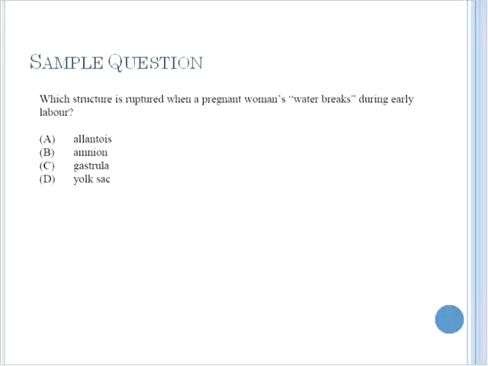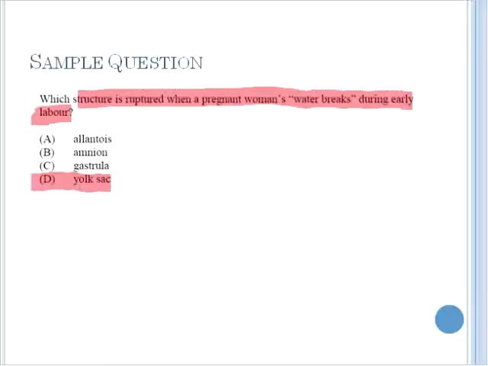This question asks, which structure is ruptured when a pregnant woman's water breaks during early labor? The yolk sac and the allantois combine to form part of the umbilical cord. The gastrula is one of the developing cell layers during embryonic development. The correct answer is B, the amnion.